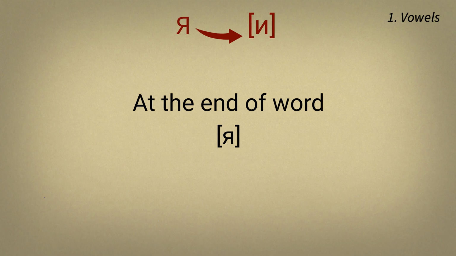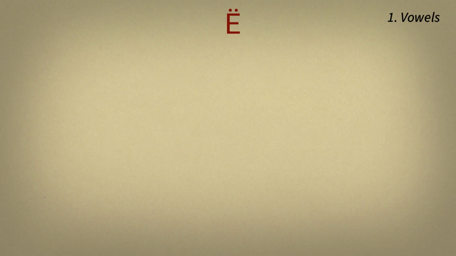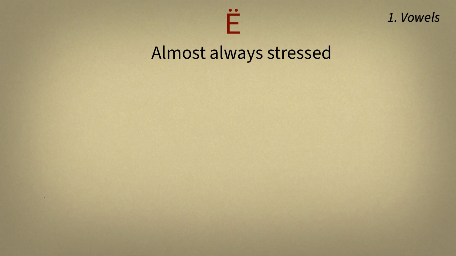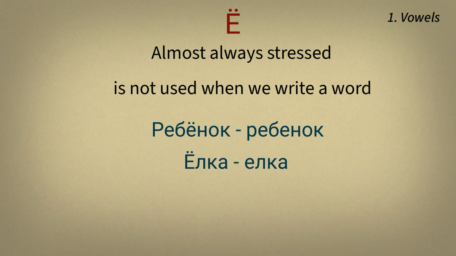For example, тетя, дядя. Pay attention that the vowel Ё is almost always stressed, but it is not used when we write a word. We write Е instead. For example, ребенок, елка.